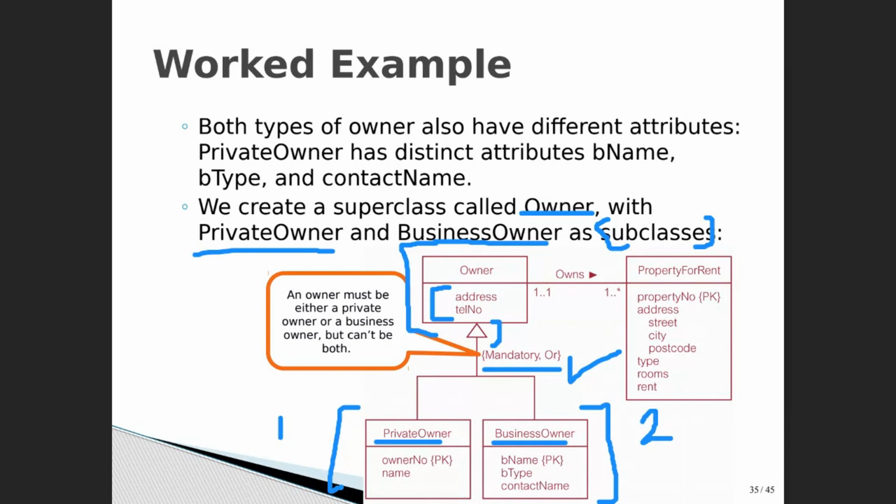All right, so this is the second example. We have added owner as a superclass. Then underneath it, we have added two subclasses, private owner and business owner.